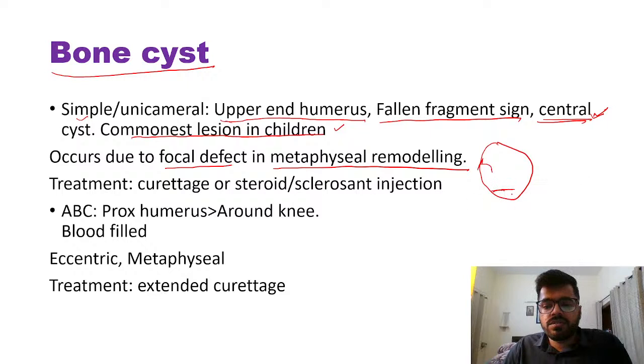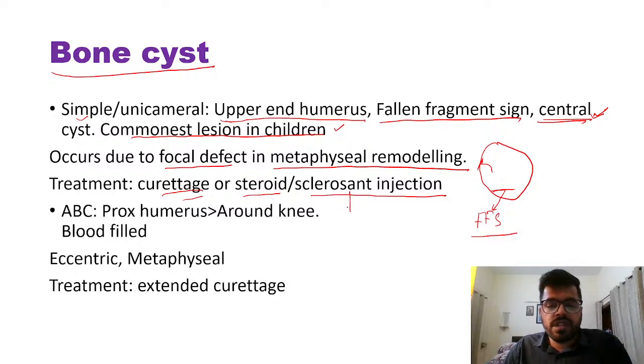Since this is a single cavity, if the cortex from somewhere falls inside, it will fall to the bottom. That signifies a single cyst, single cavity. This is known as fallen fragment sign. It goes to the bottom of the cavity. Treatment is curettage, or we can do steroid and sclerosant injection.